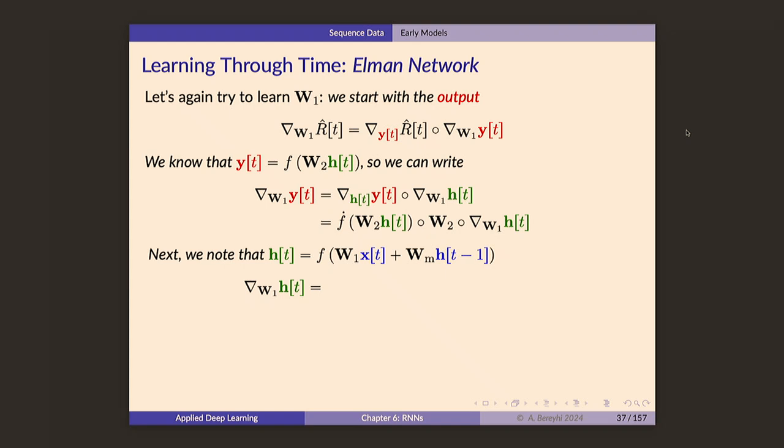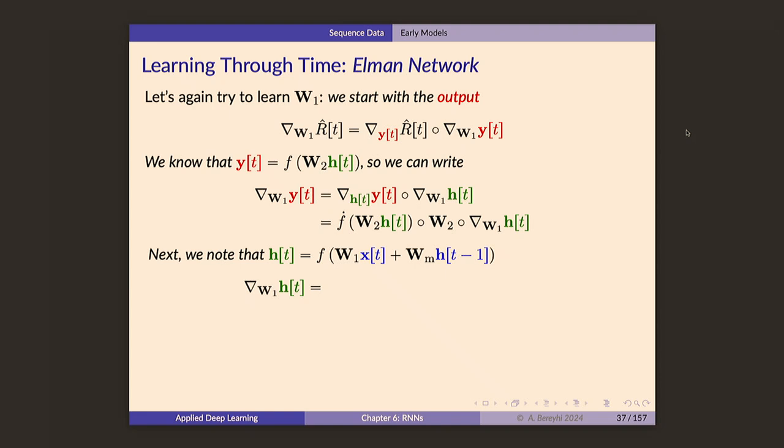So I can write gradient with respect to W1 of ht, times, sorry, gradient of W1 with respect to W1. And this guy is simply 1, right? Plus. What is the next thing? It depends on xt as well, right? So I can write down the gradient of ht with respect to xt times gradient of xt with respect to W1. What is this guy? It's 0. OK, I don't need it really.